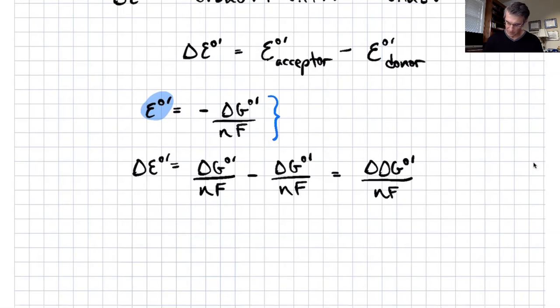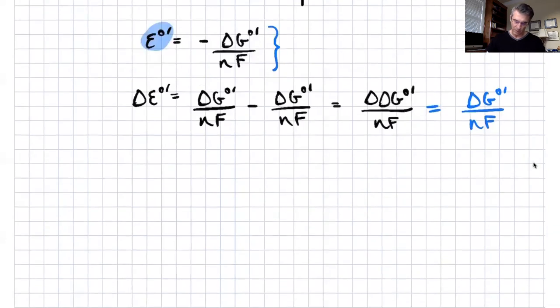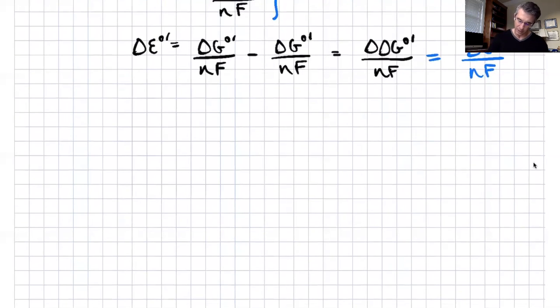So that really is just equal to delta G naught prime divided by nF, which is fantastic, because by knowing the standard state reduction potential and the charge on our particle, which in this case would be an electron, all we have to do is rearrange that relationship and we can solve for these free energy values quite simply.